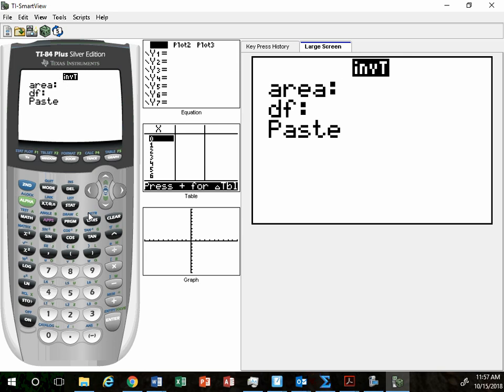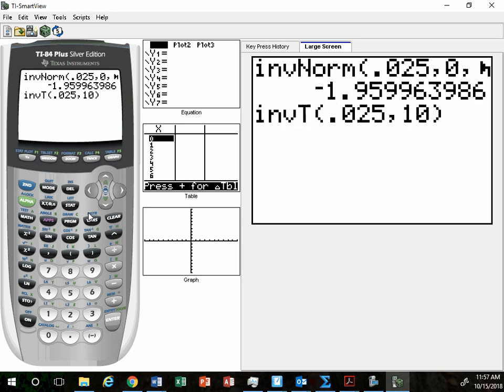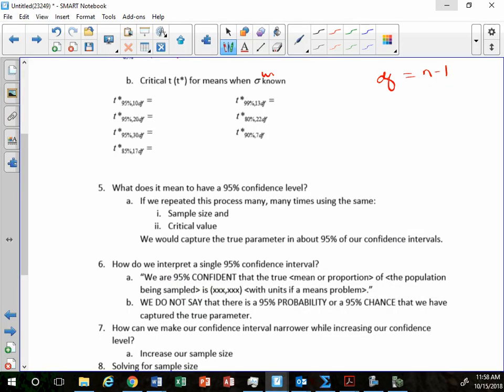So area, if I'm talking 95%, remember that's the middle 95%. 0.025, okay, we're catching on. And now degrees of freedom were given to you. It was what, 10? And we're going to write down 2.228, okay? Any questions on getting to that inverse T menu or any piece of that? So this one was 2.228.